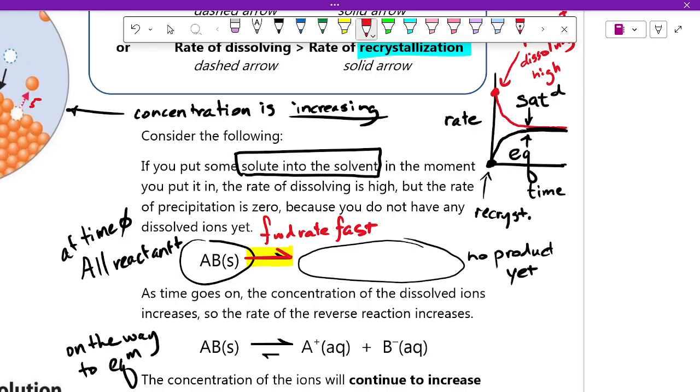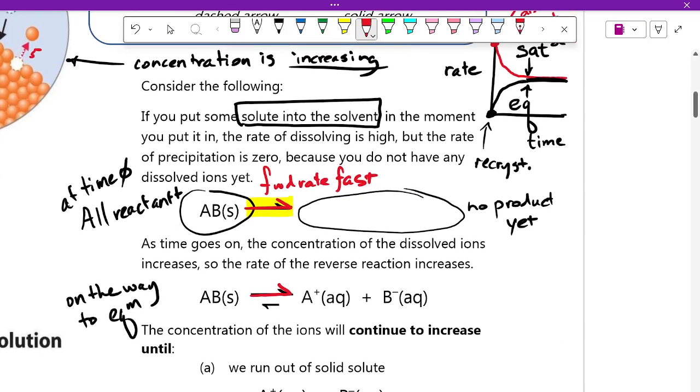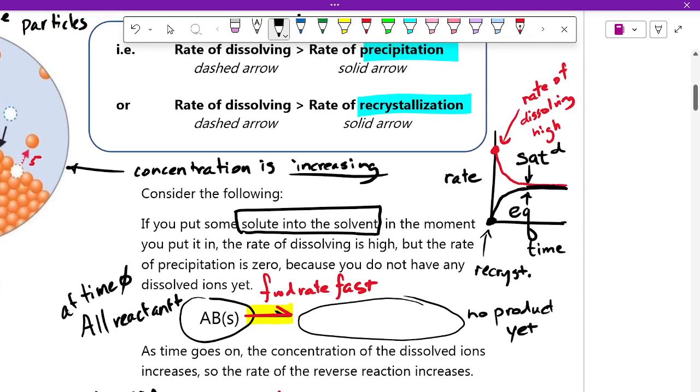Our forward rate is slowing down a little bit, and our reverse rate has become something, so we'd be on our way. Now, as time goes on, we could reach equilibrium, which would look like the graph we just drew.